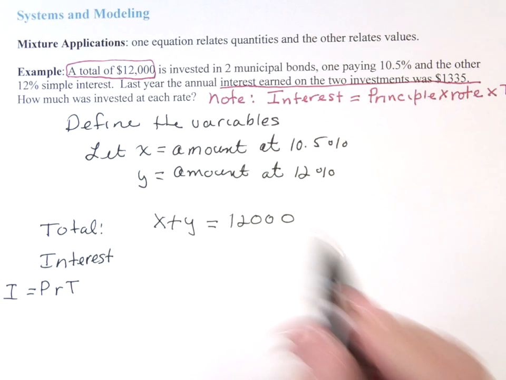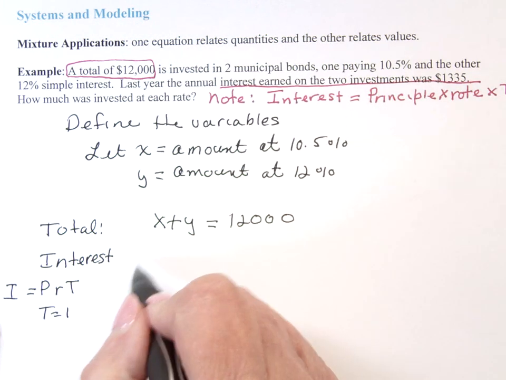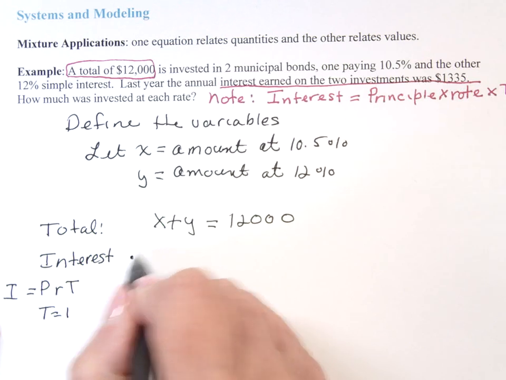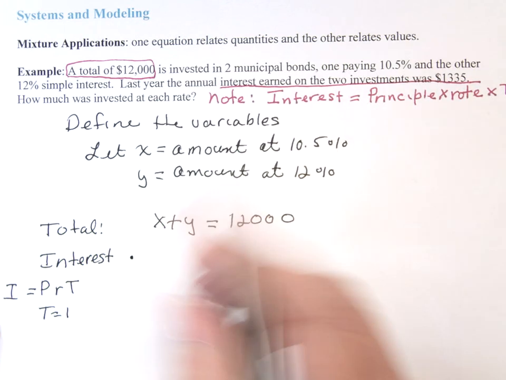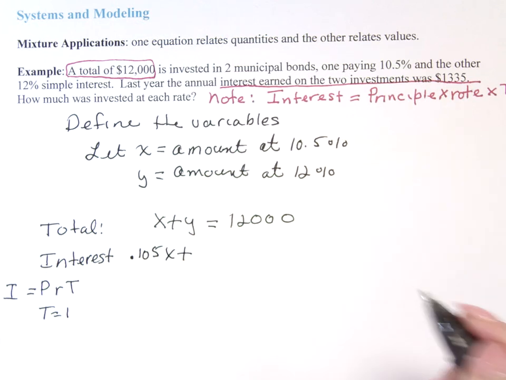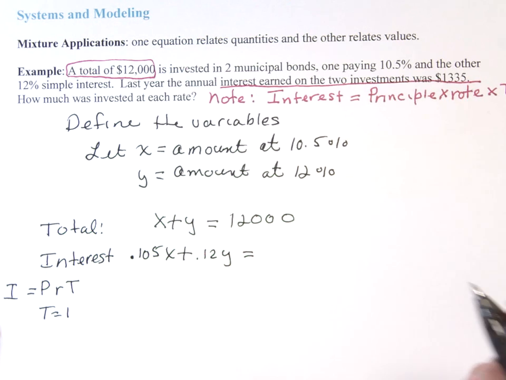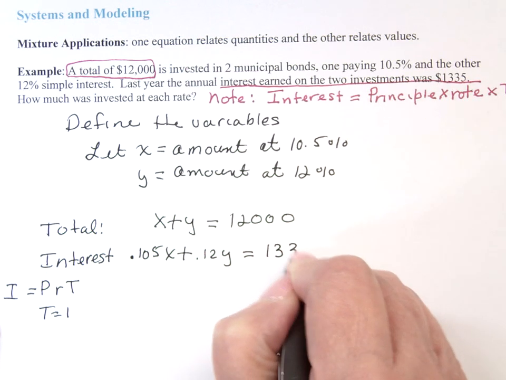For 1 year, T is 1. It's just PR. So it's going to be 0.105X plus 0.12Y equals 1335.